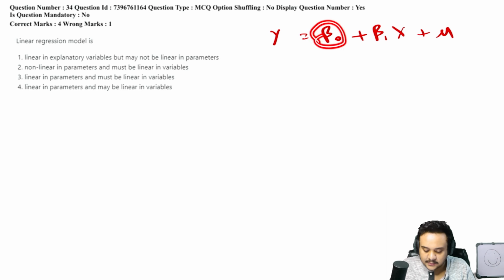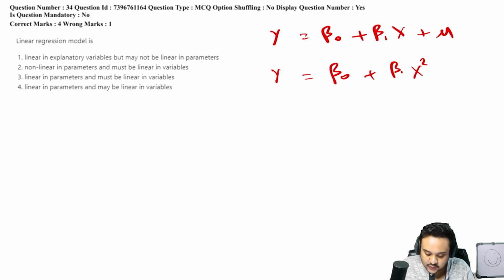The parameters beta naught and beta 1 cannot be non-linear if you are trying to make a standard linear regression model. Even if you take non-linear variables like beta naught plus beta 1 x square, even if you square the variable, your model will remain a linear regression model.